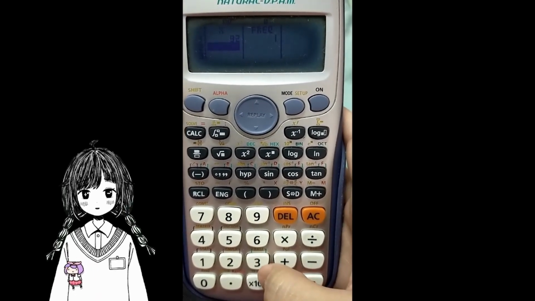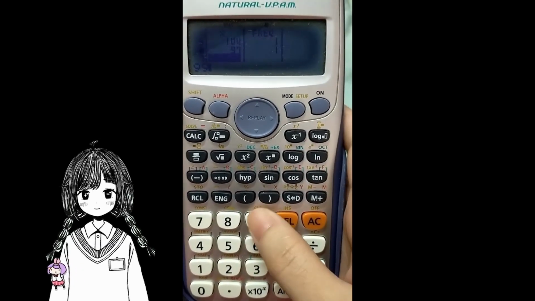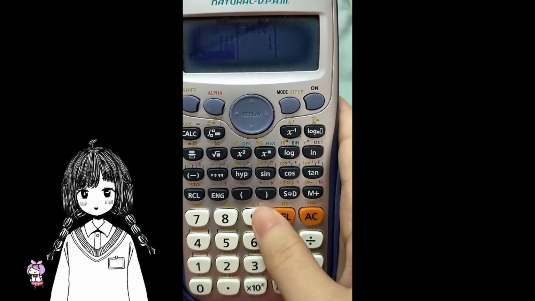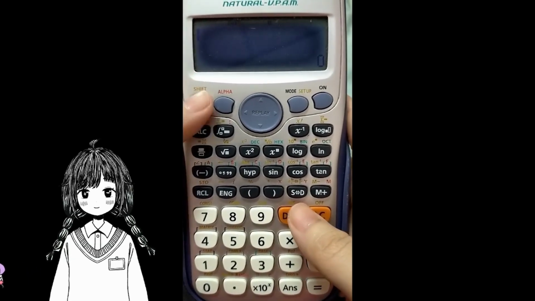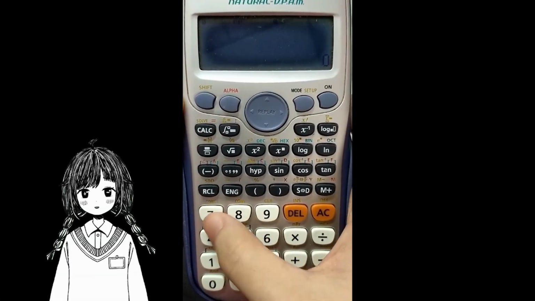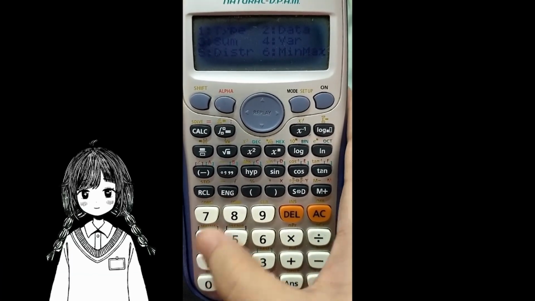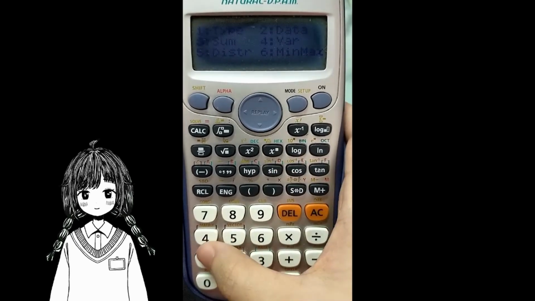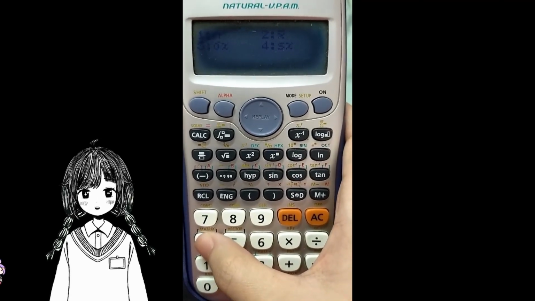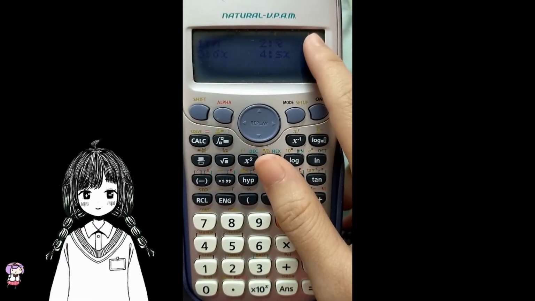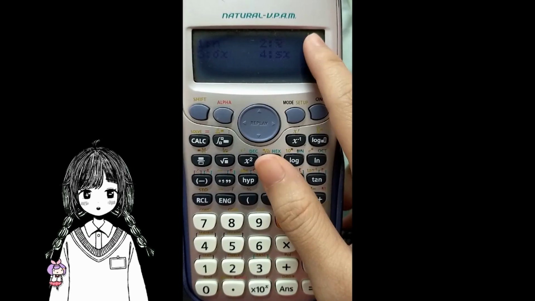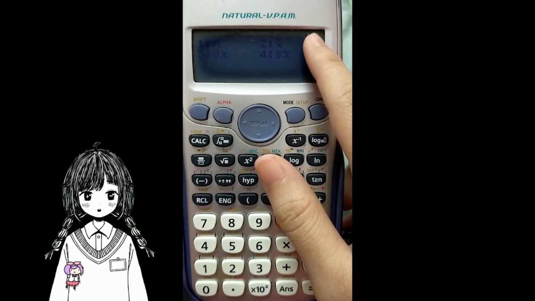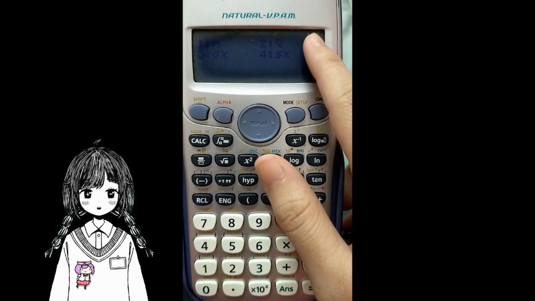So okay, this is all 10 of our data. Then we press AC, press shift, press 1, and then press 4. Make sure you choose the right symbol here. Number 2 means it's the mean. Number 3 is the standard deviation for population, and number 4 is the sample standard deviation.